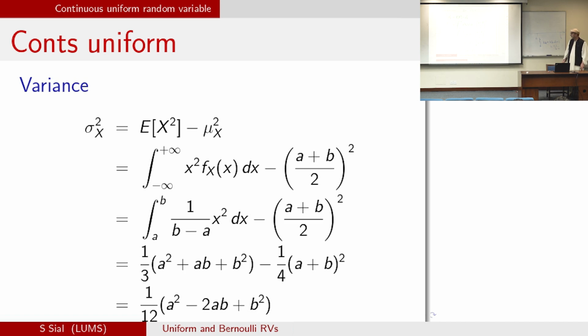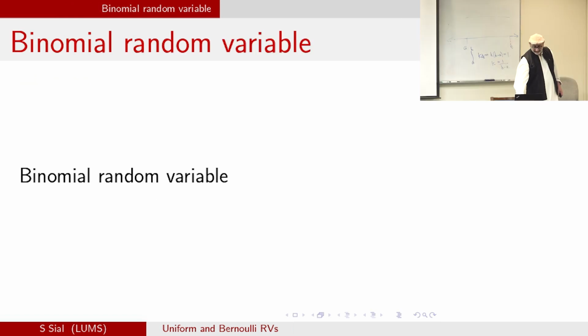I can integrate x squared as 1/3 x cubed, evaluated at b and at a. So what I get when I do that integral is this. I square this to get this, and then this can be rearranged in this form.